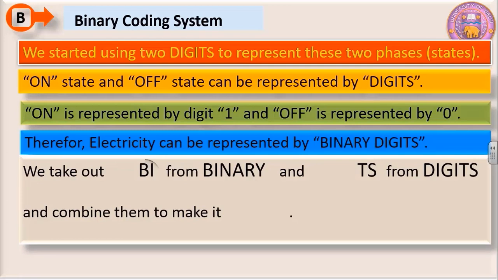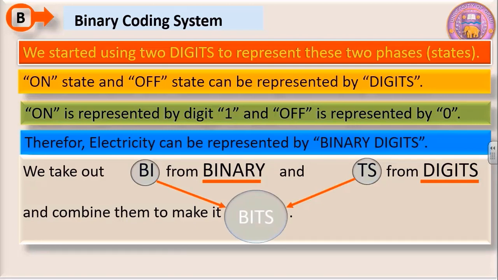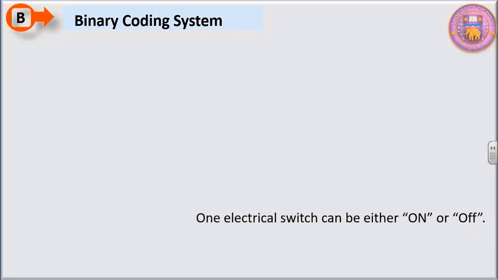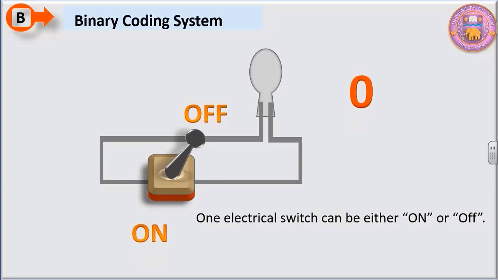Now we take out BI from binary and TS from digits and combine them to make it bits. It means bits is a combination of two words, that is binary digits. We have taken BI from binary and TS from digits. Now we can say that electricity is represented by bits. One electrical switch can either be on or off.